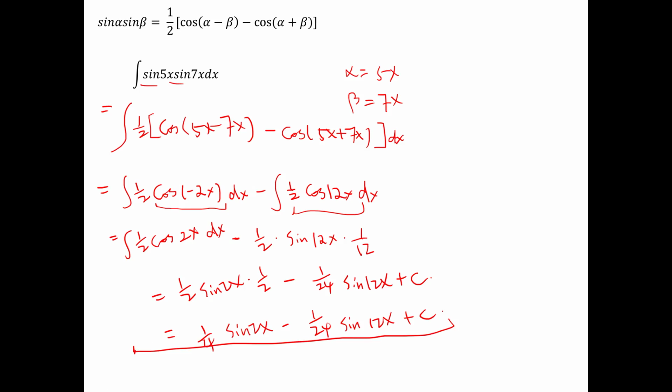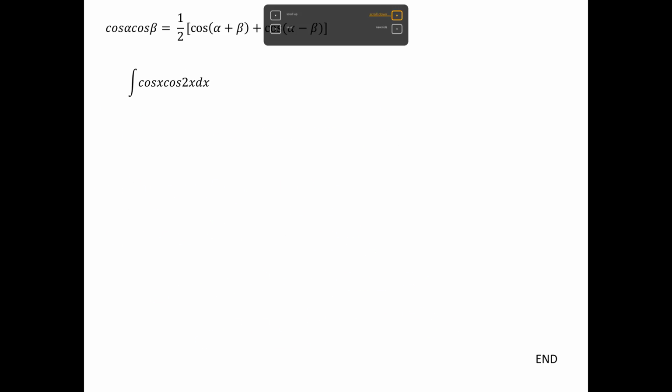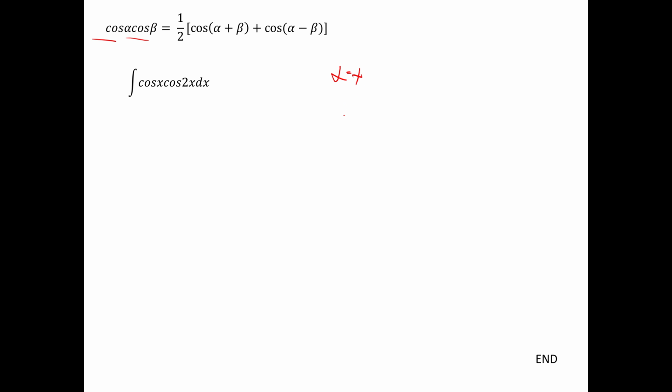It's not difficult. Just apply the formula. Pretty straightforward, I think. Let's see this one, the last one. Cosine, right? So alpha equals x, beta equals 2x.